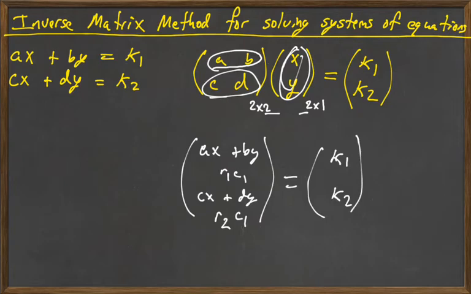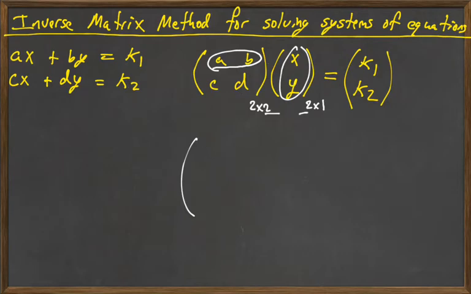And so 2 matrices are equal to each other if they have the same size, which these do, and so then the corresponding parts are going to be the same. So we have AX plus BY is equal to K1, and CX plus DY is equal to K2, so this is a good representation there. Okay, so we can represent the system of equations like this.